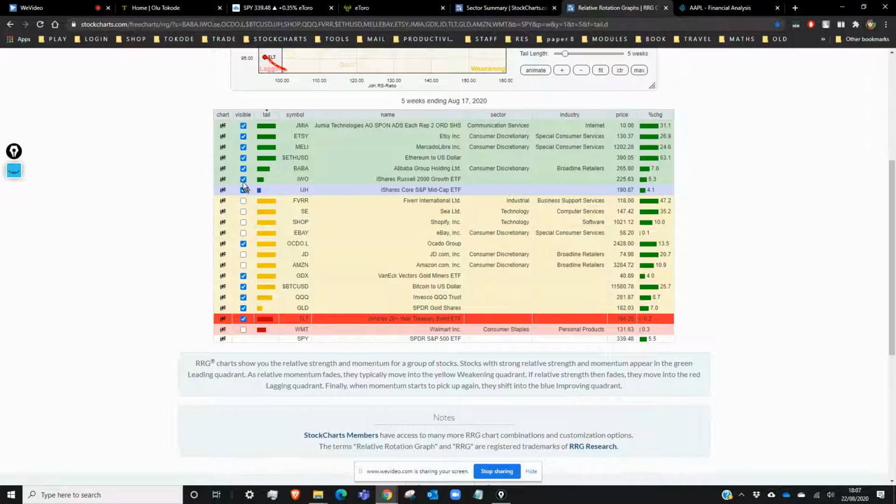I still have mid caps. Growth. Small cap growth stocks. I have taken profits. Alibaba is still there. Ethereum is still there. Mercado Libre is gone. I still have Etsy and Jumia. Right, so this is what the portfolio looks like now.